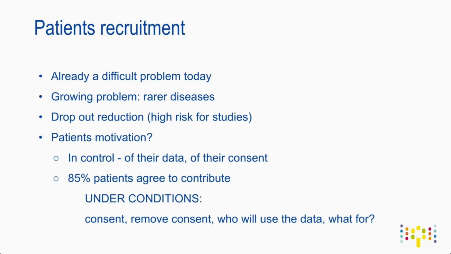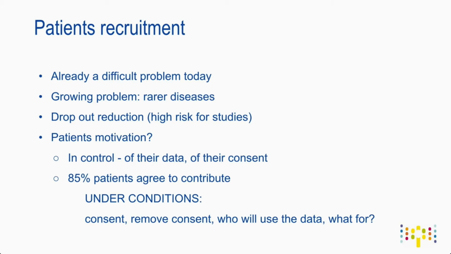For those who don't know, it's already a very difficult problem today to find the right patients that have the characteristics that are necessary to run the trial. It's also a growing problem because now, fortunately, modern medicine is addressing a large number of the sicknesses and diseases that could affect a large number of patients, but for rarer disease, it's becoming more and more difficult to recruit patients.